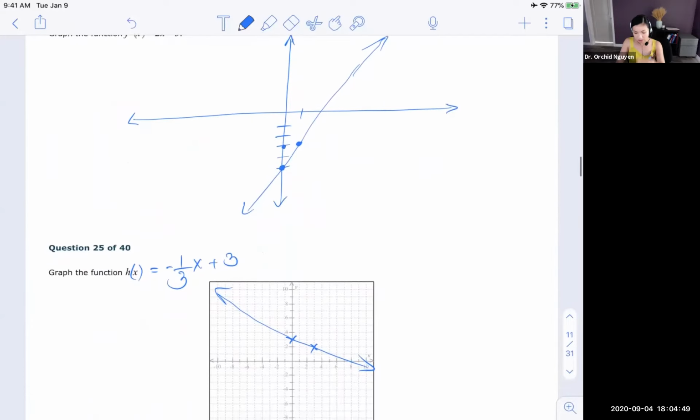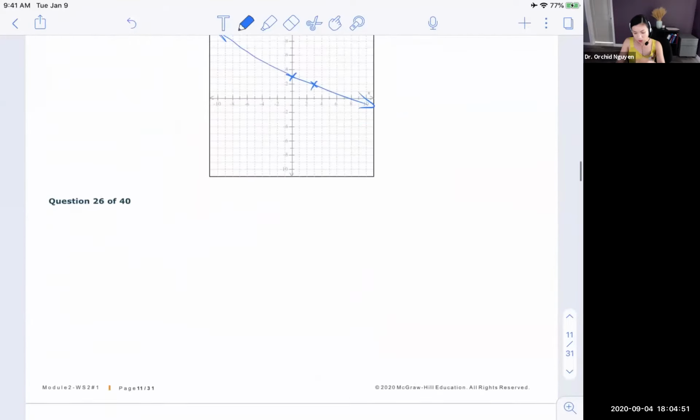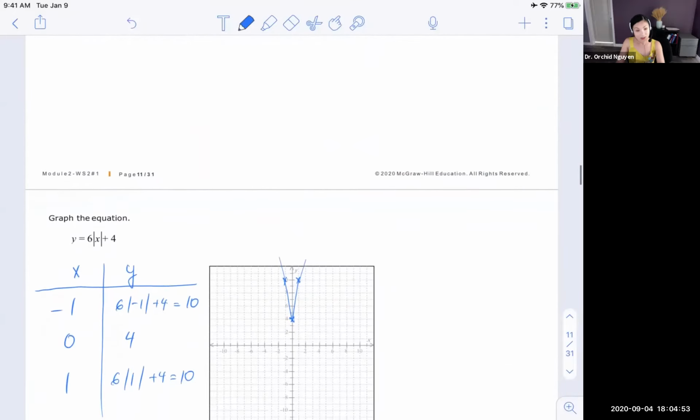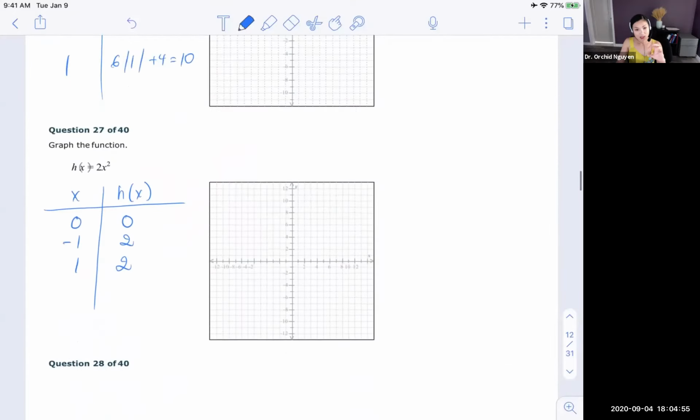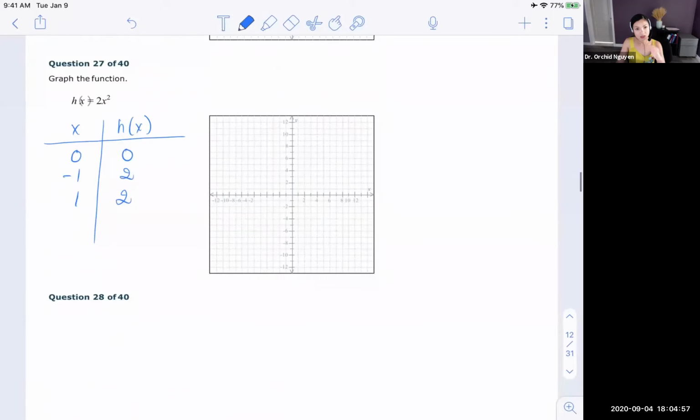Now, these problems we want to revisit how to graph, so pretty much I'm just making a table. Now let's do a parabola one more time. Remember I mentioned last time, we pick the vertex. In this case, it's 0, 0, and then I pick left, right, left, right of the vertex.